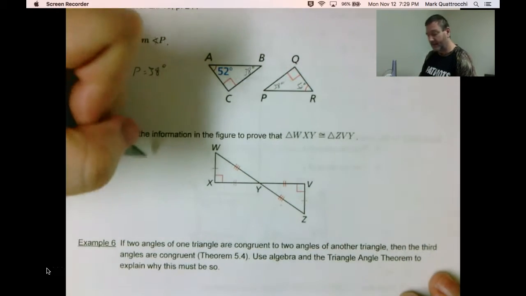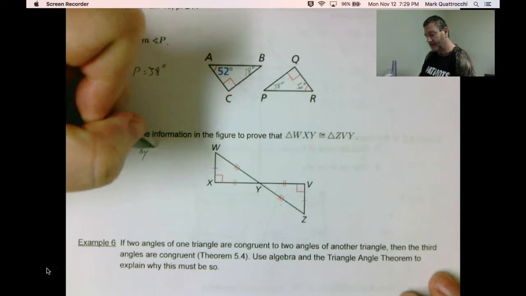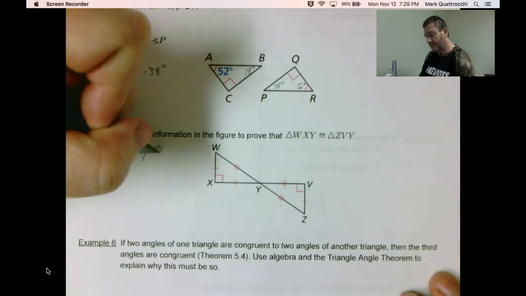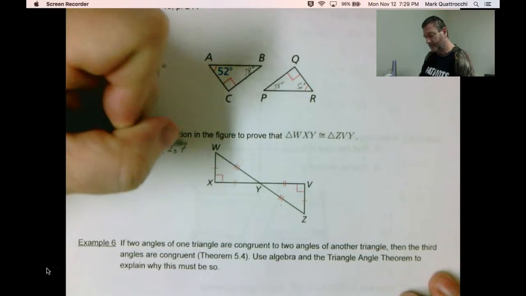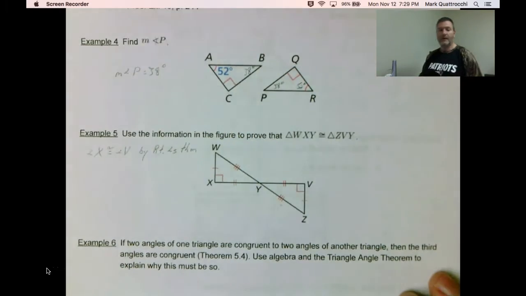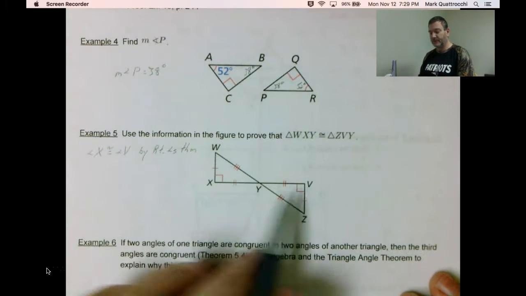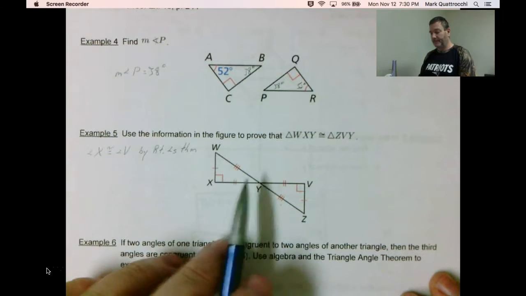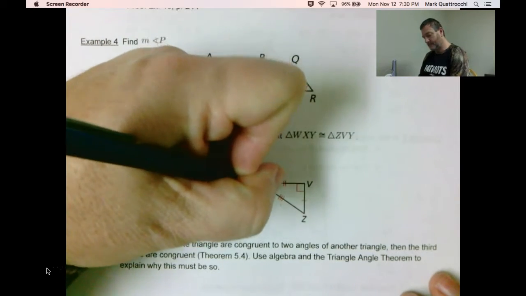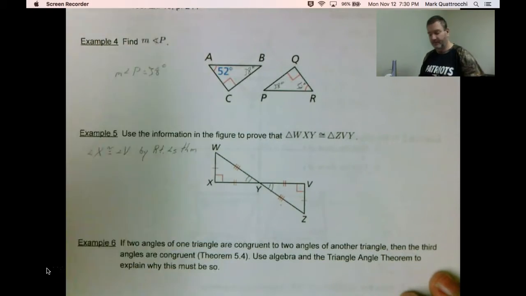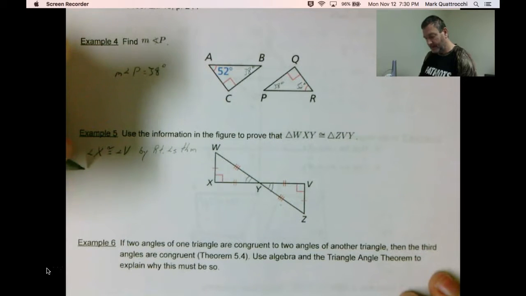How do we know that? By right angles theorem. Right angles congruence theorem says all right angles are congruent. So these 2 angles are given to us as right angles, so they must be congruent. What else do we have? Well, these 2 angles are congruent by VAT, vertical angles theorem.